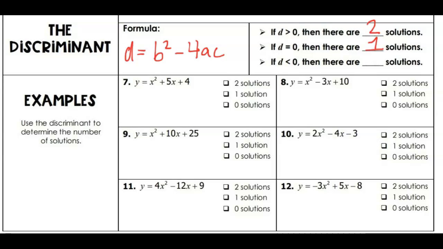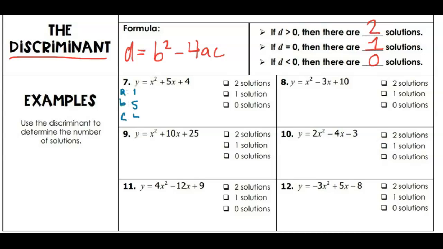And if it ends up being a negative value, this gives you indication that it doesn't cross the x-axis at all. So this is kind of a nice way. Now we refer to it as the discriminant because it discriminates between the three types of parabolas that provide these solutions.